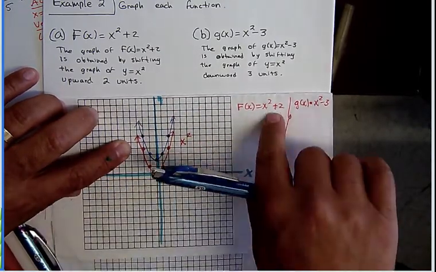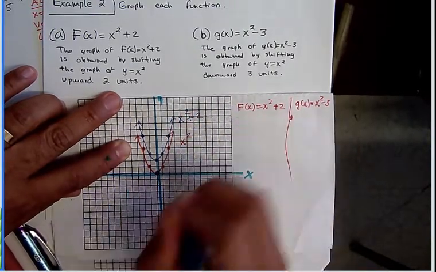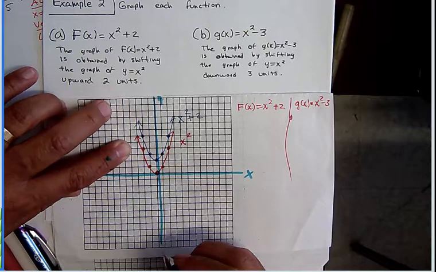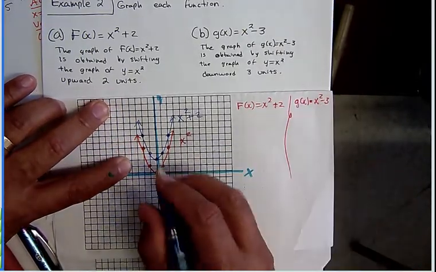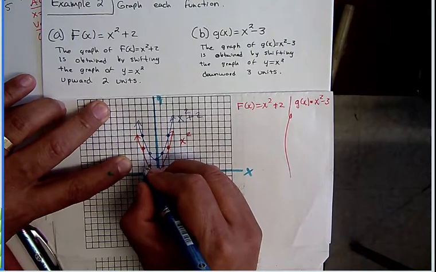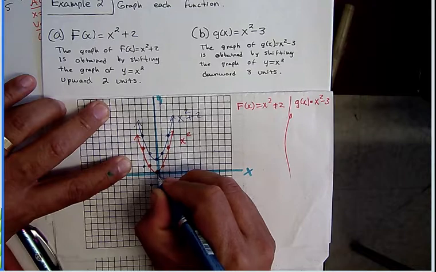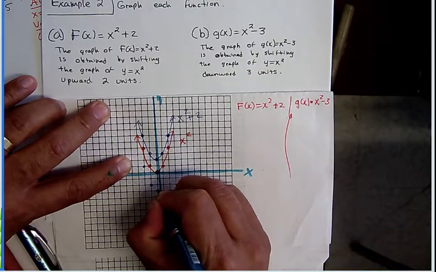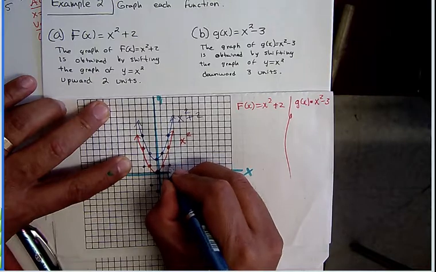So the blue one would be this one, x squared plus 2. And then this graph, we're moving it 3 units down. That's what the 3 means. Every dot: 1, 2, 3. 1, 2, 3. 1, 2, 3. Right there.